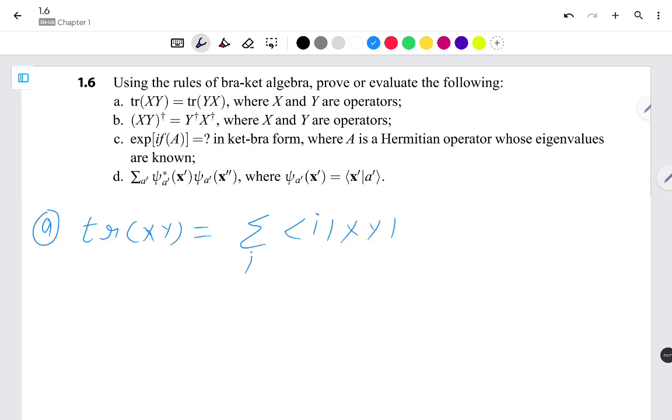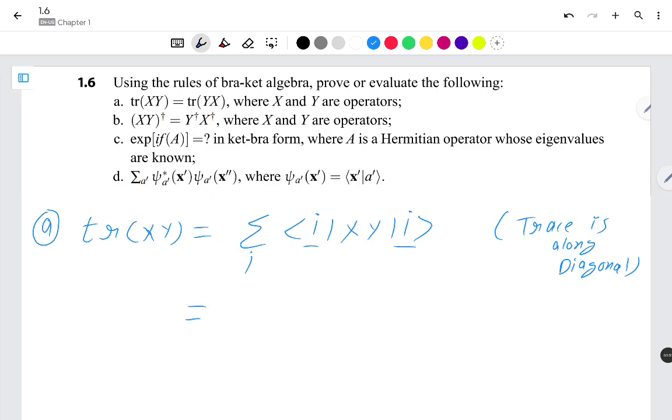Usually this i is different, but here we are writing the same because we want the trace, and trace is along the diagonal. So these are the same.